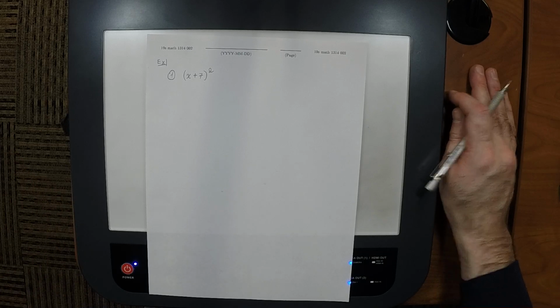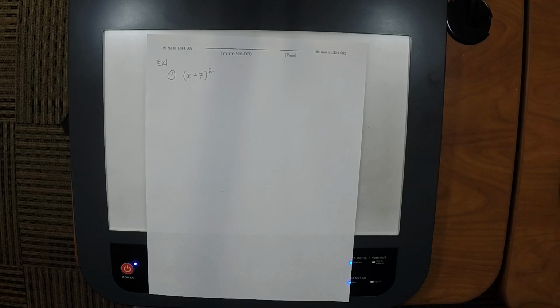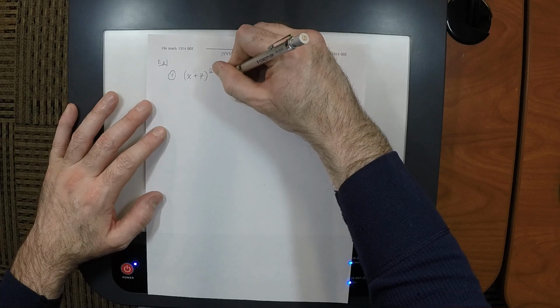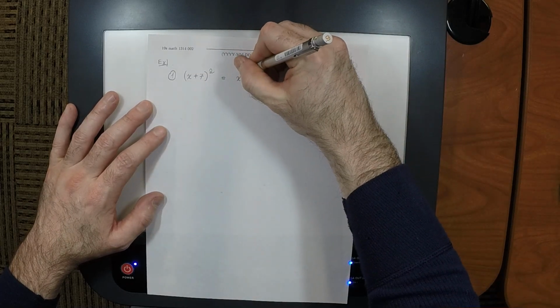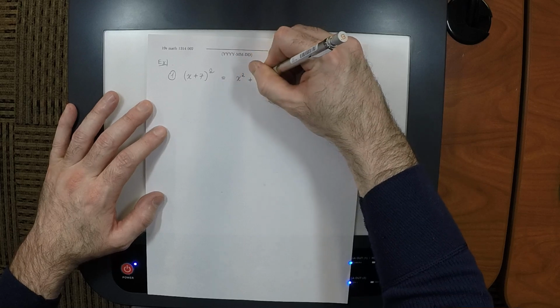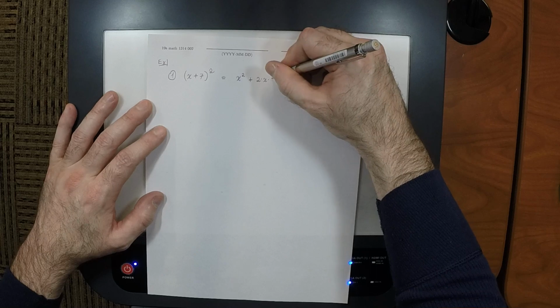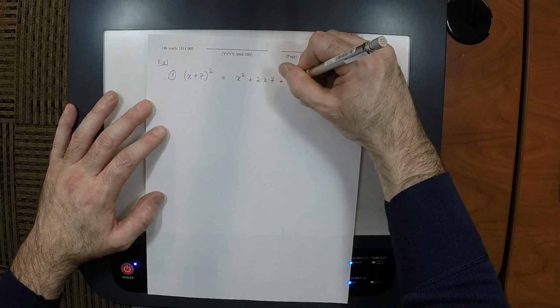And there's nothing wrong with that. So by all means. But I'm gonna use that formula on the previous page. And I'm gonna write first thing squared plus twice first thing multiplied by second thing, and then plus second thing squared.